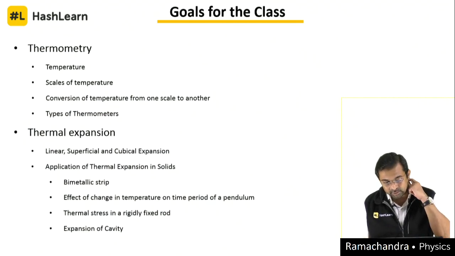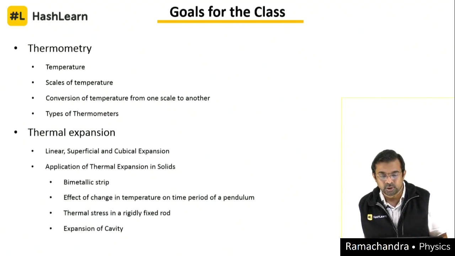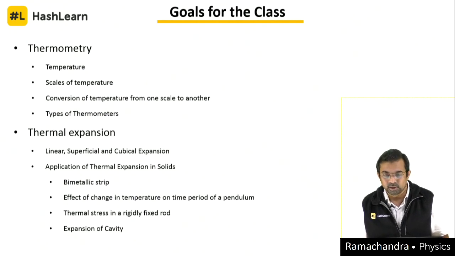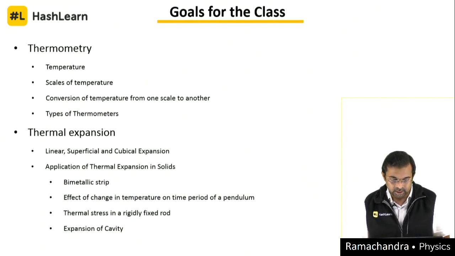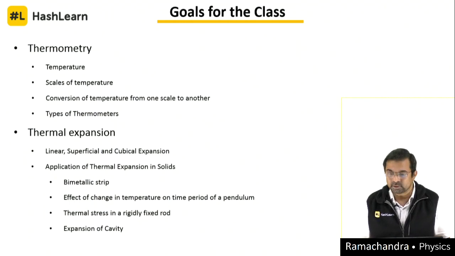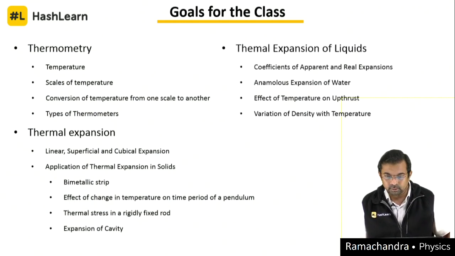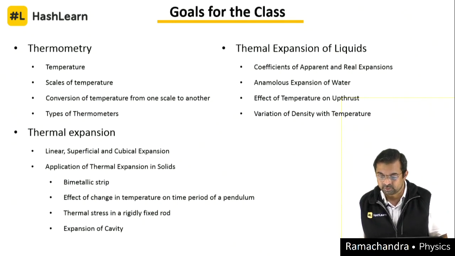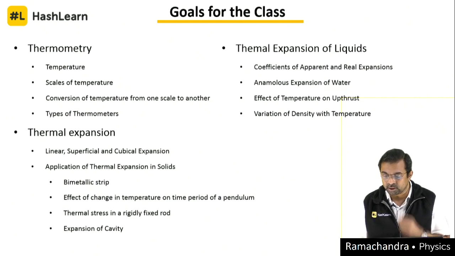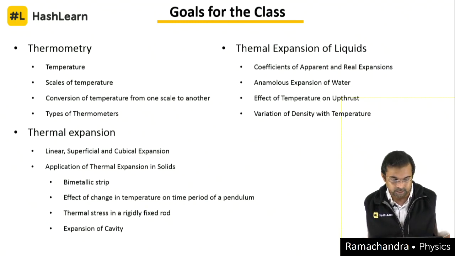Then the next topic will be thermal expansion: linear, superficial, cubical expansion, application of thermal expansion in solids, bimetallic strip, effect of change in temperature on the time period of a pendulum, thermal stress in a rigidly fixed rod, then expansion of cavity part. Then comes the thermal expansion of liquids, anomalous expansion of water, effect of temperature on upthrust, variation of density with temperature. These are the important things which we will be discussing today.